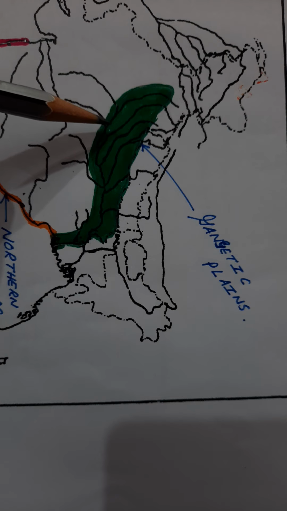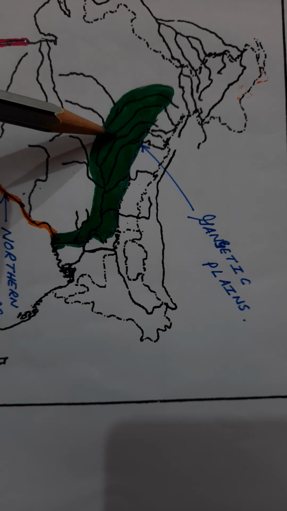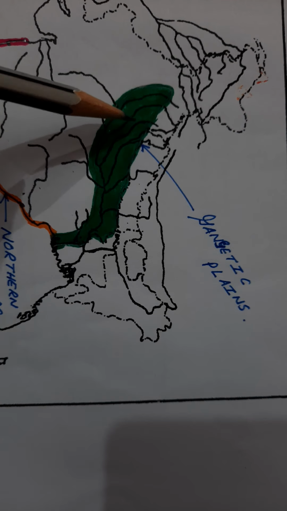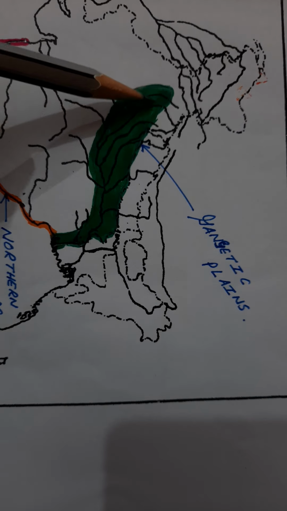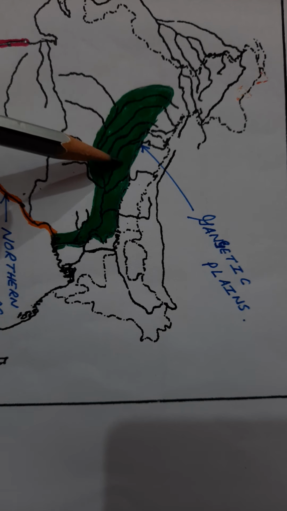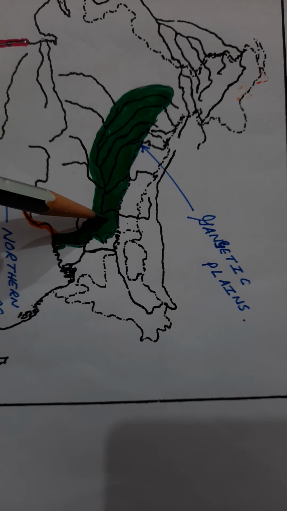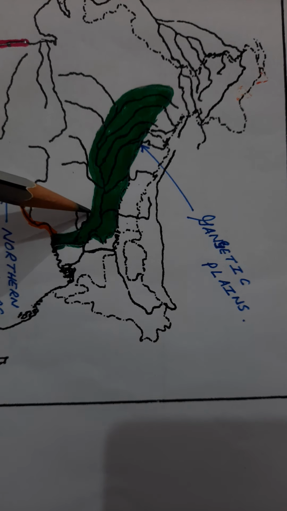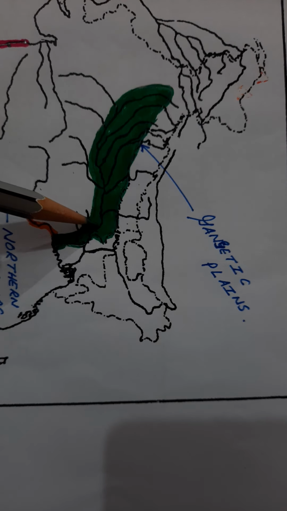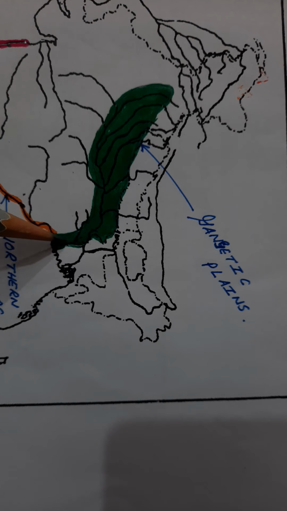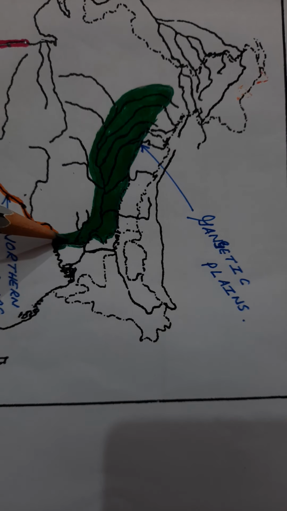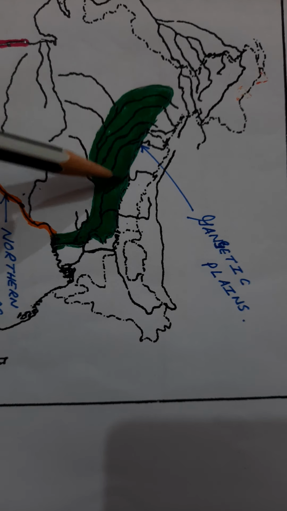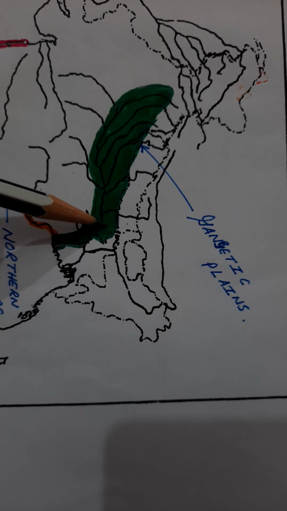Once again remember, the Gangetic Plains are spread over the states of North India: Haryana, Delhi, and this is UP, then further Bihar, then a part of West Bengal, and partly it is bounded here by Jharkhand and here West Bengal.